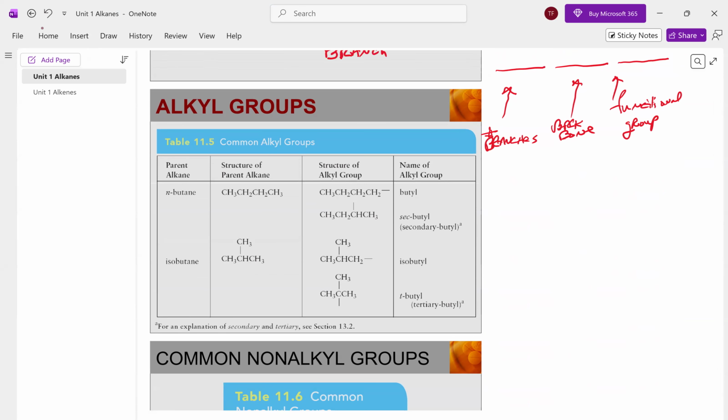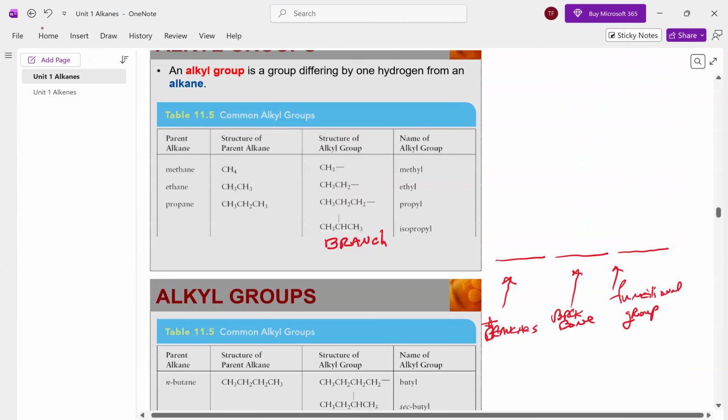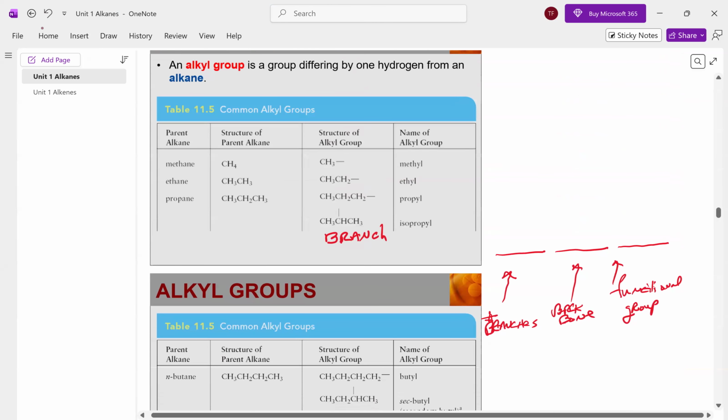When we start getting bigger branches, more complex branches, there are many versions of that. For example, if we have a 3 carbon branch, it's in 2 forms.